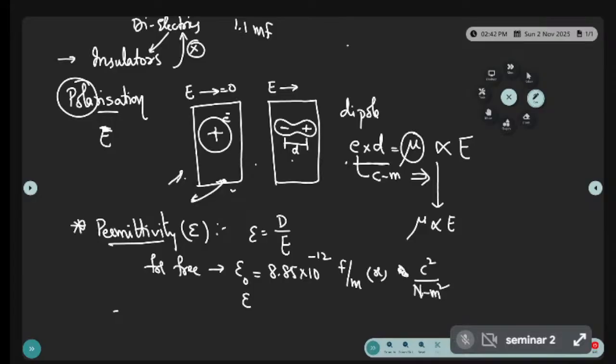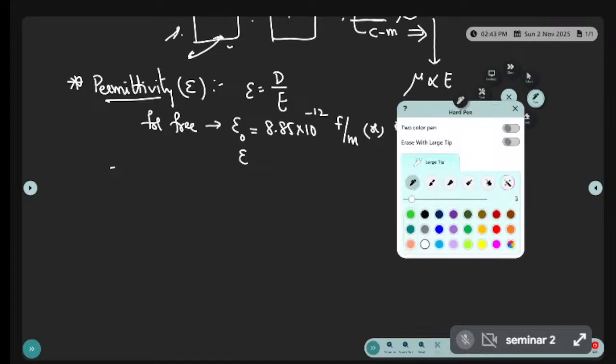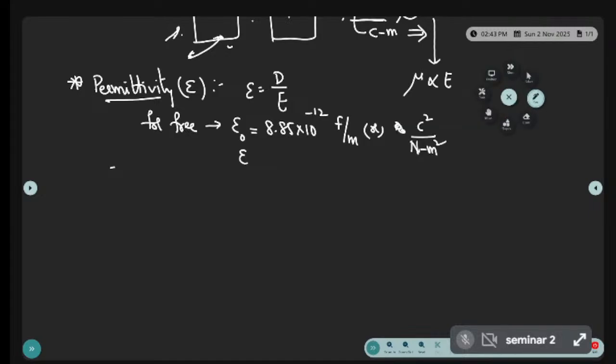Okay. Next, we can also find the ratio between these two, the permittivity of a medium to the permittivity of free space. That ratio we call epsilon r, relative permittivity.